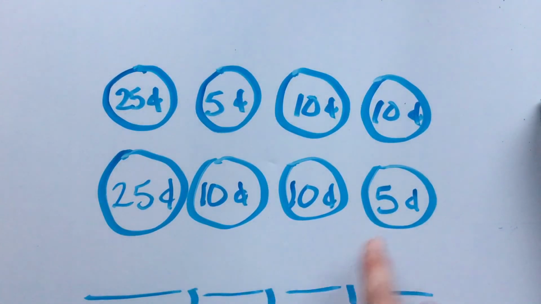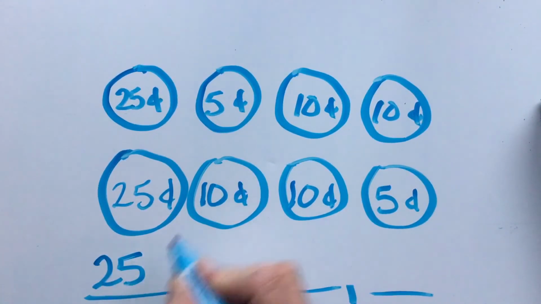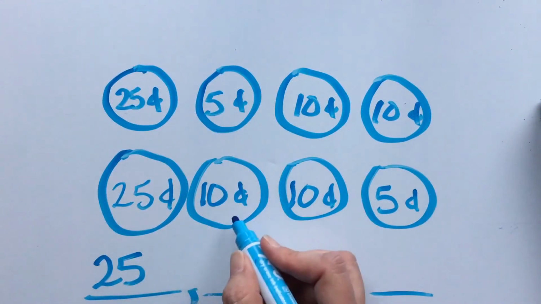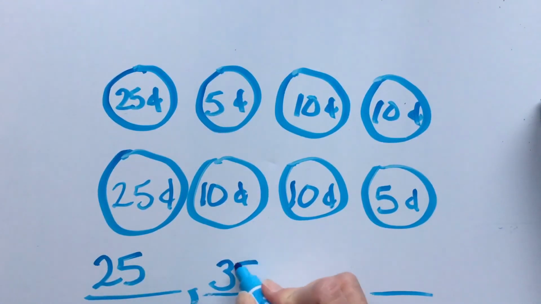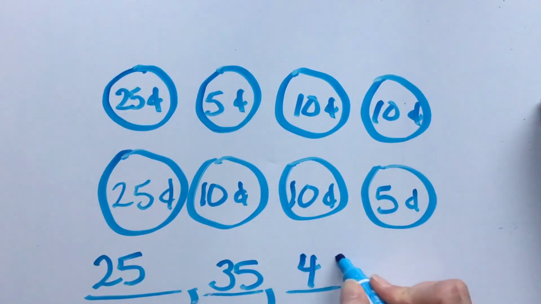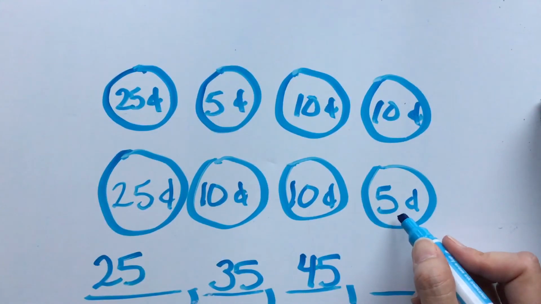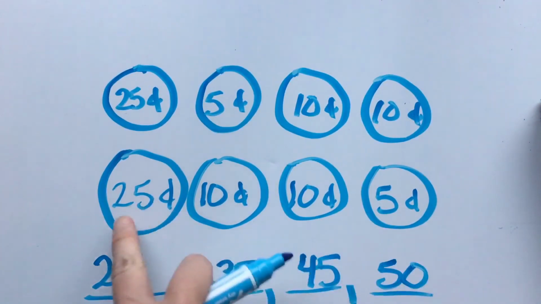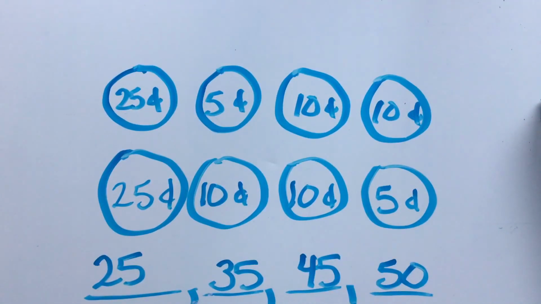Once I have my coins in order, now I can count the value of the coins. So I start with my 25 cents. Now what am I going to count by? That's right, 10. 25 cents plus 10 cents is 35 cents. I'm still counting by 10. That's 45 cents. Now I'm going to count by 5. 45 plus 5 is 50 cents. So the value of these coins is 50 cents.